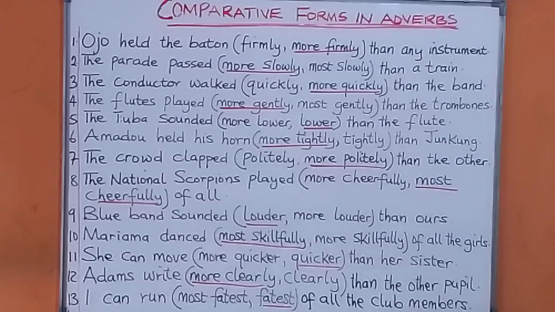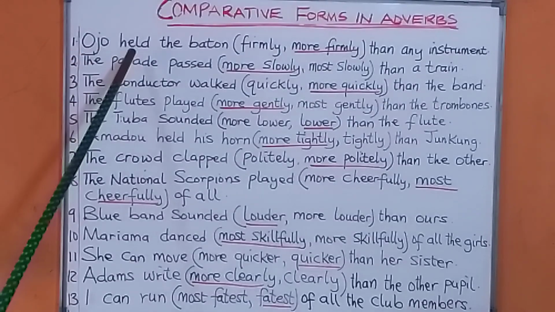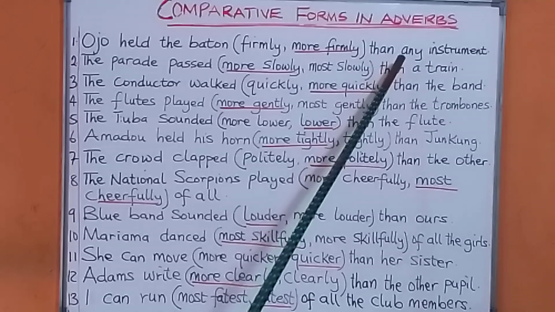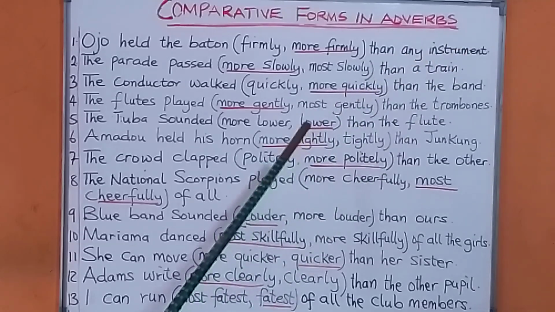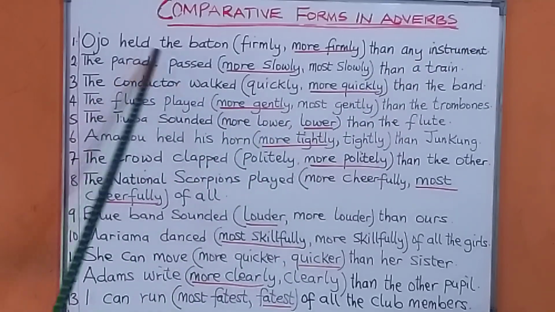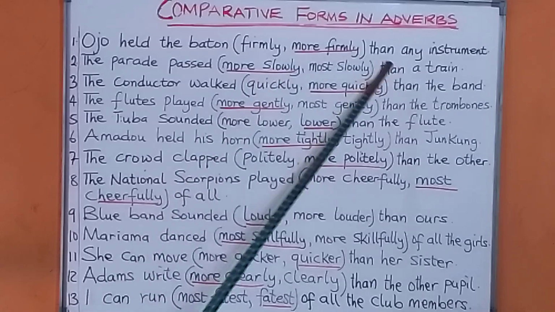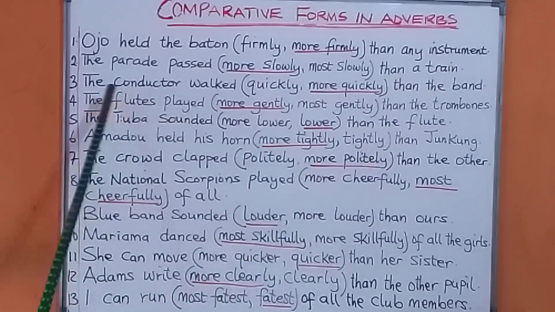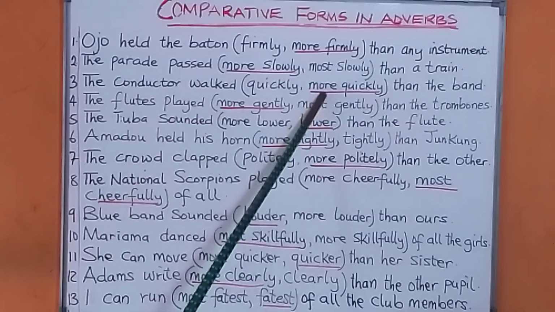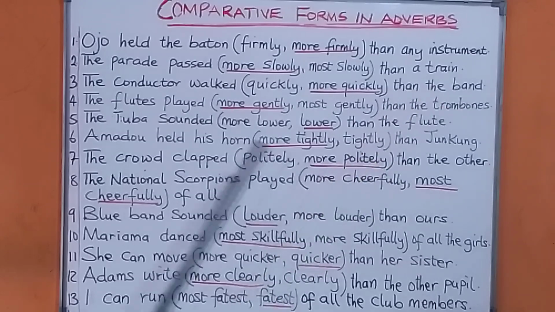So we've been able to provide answers to all the sentences. Let's go through that again. Ojo held the baton more firmly than any instrument. The parade passed more slowly than a train. The conductor walked more quickly than the band.